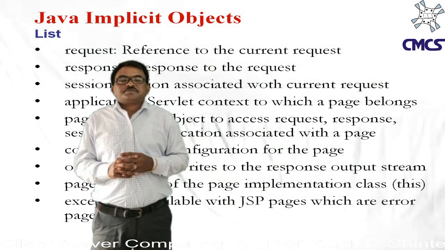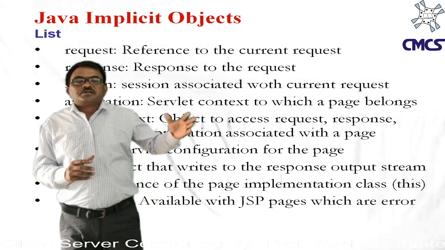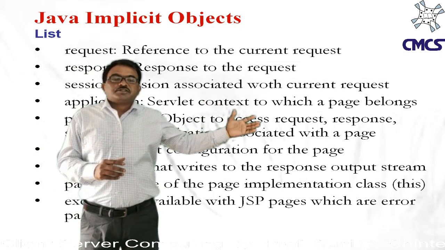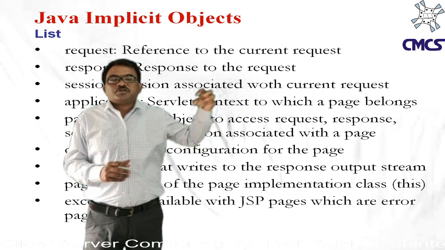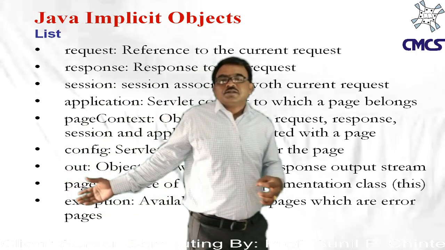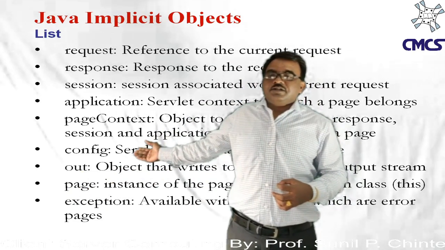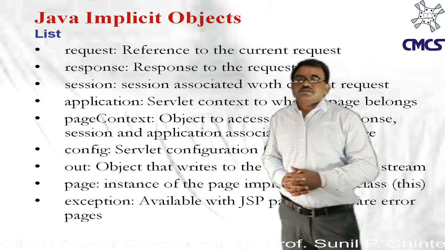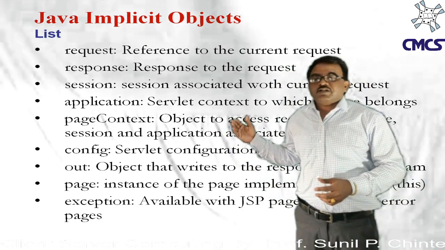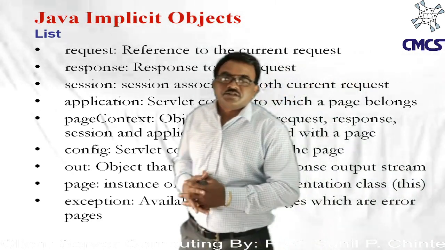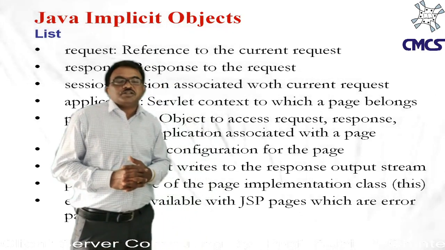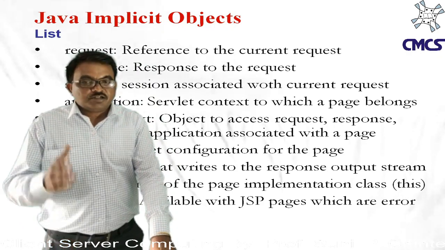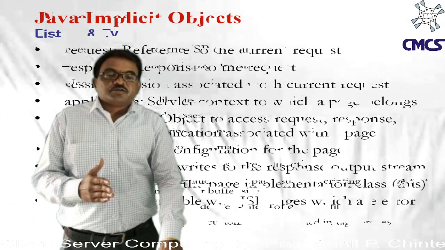The application object is the servlet context to which a page belongs. Then the config object is the servlet configuration, and out is the response output stream. So this is the list of implicit objects.